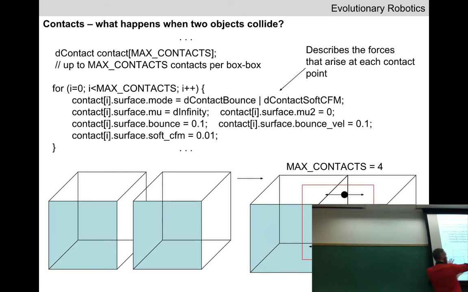The physics engine is going to look at the skins of the two objects, take the subset of the two skins which are close to one another, and just sprinkle them with points. You can set the number of points that are used to be less or more.